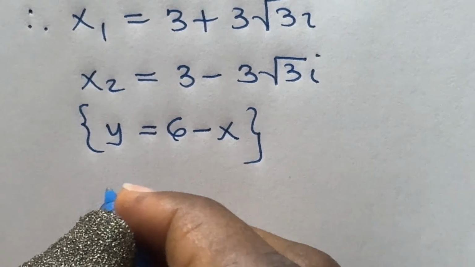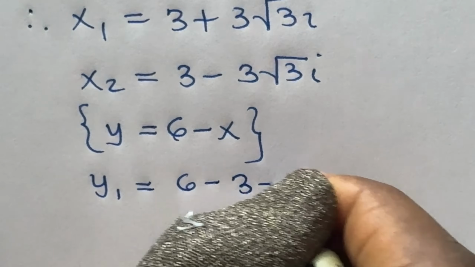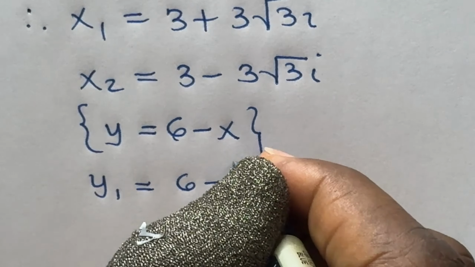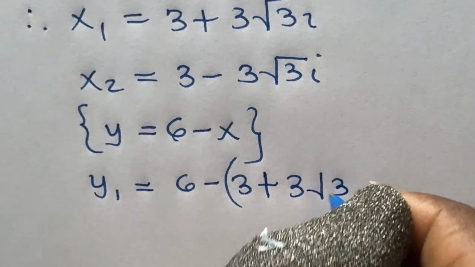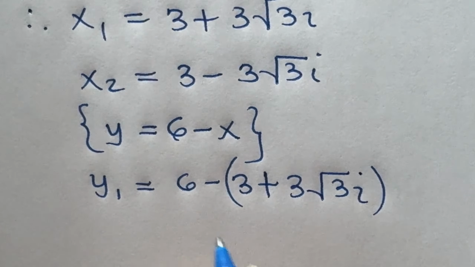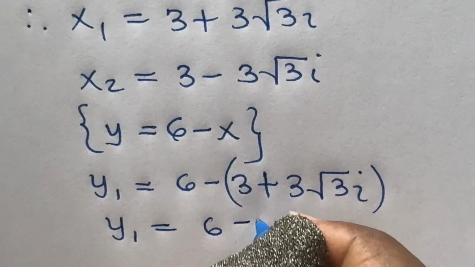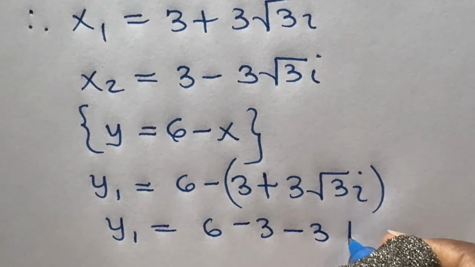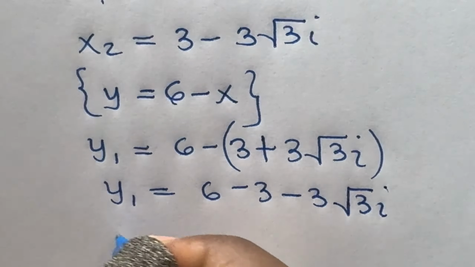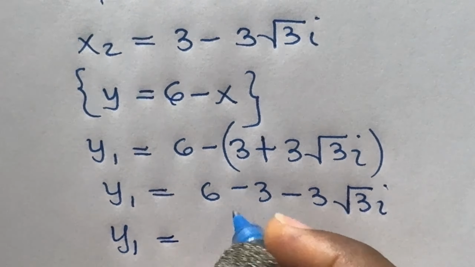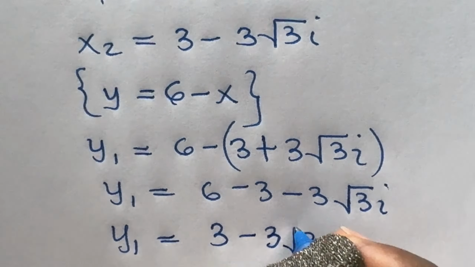With this then, y1 is going to be 6 minus, I'm going to put a bracket here, 3 plus 3 root 3i, which is going to give us y1 is equal to 6 minus 3 minus 3 root 3i. So y1 is equal to 6 minus 3 is 3 minus 3 root 3i.